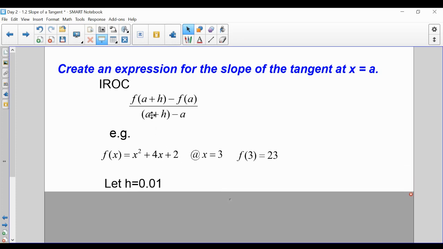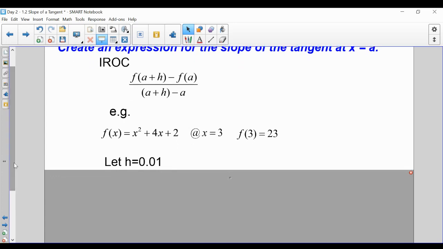So we took, let's say, that 3 there, and we added on that 0.01 to it. So we'd get 3.01 here. Then we minus the 3 from it. That's minusing the a. And then on top of that, we put the value of the function at 3.01, and then we minus the value of the function itself. Right? So that's what that looked like.